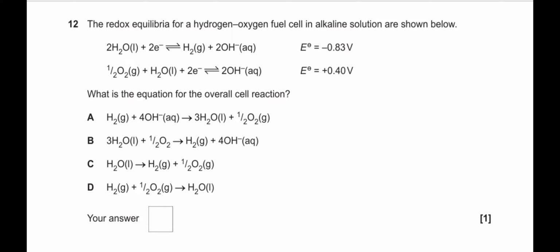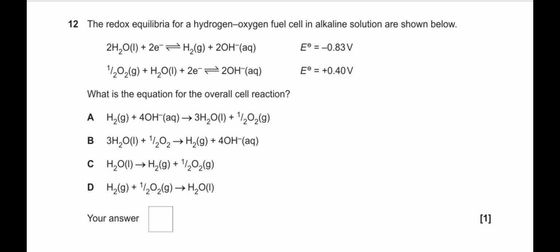Question 12. The redox equilibria for a hydrogen-oxygen fuel cell in alkaline solution are shown below. So two equations are given with the electrode potentials. Please note the first equation has got electrode potential more negative than the second equation. Question: what is the equation for the overall cell reaction?